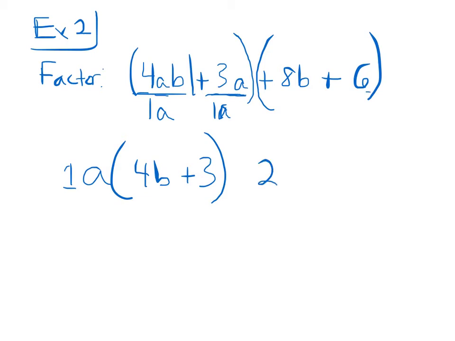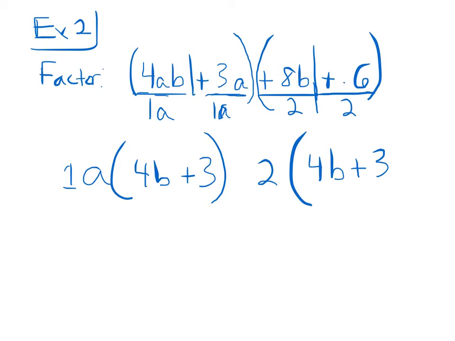Well, 6 doesn't have a variable, so the answer is no. So I need to factor out a 2 out of each of these. What's left? 8 divided by 2 would be 4. The b is still with it. 6 divided by 2 would be 3.